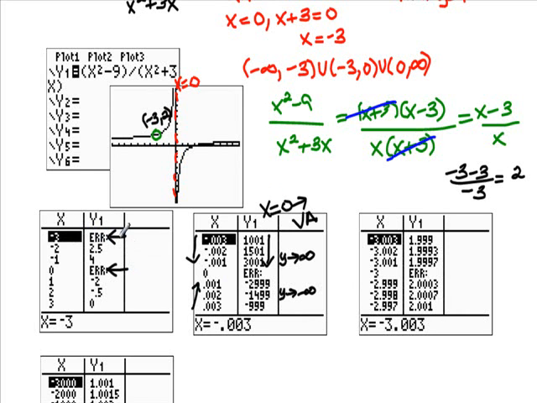Well, let's examine what's happening at negative 3. So if I enter my table set up to start at negative 3 and then increment by 0.001, look what happens. Well, as we get closer and closer to negative 3 from the right and from the left, what's happening to the y values? Yeah, they're getting closer and closer to 2. They're not going off to plus or minus infinity, so that tells us that we have a hole in the graph at negative 3.